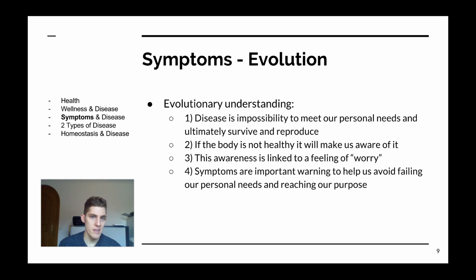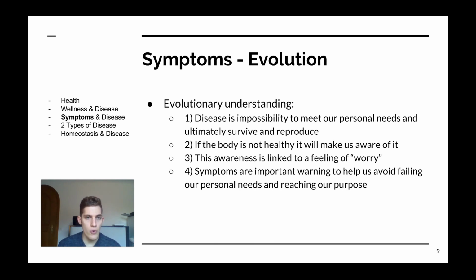Now, this awareness is commonly linked to a feeling of worry or weakness or unwellness. Something changed. Something is making us feel not at ease. So we lost the state of wellness. And we said state of wellness is actually the absence of worries. So being worried is the opposite of feeling well.